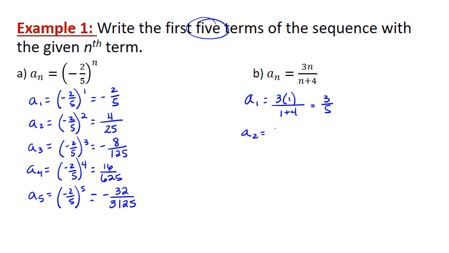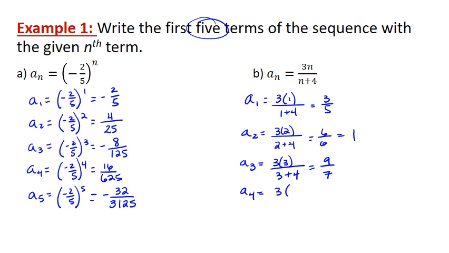The second term is found by taking 3 times 2 and dividing by 2 plus 4. On the top I have 6, in the bottom I also have 6, so this results in 1. The third term is 3 times 3 over 3 plus 4, which is 9/7. The fourth term is 3 times 4 over 4 plus 4, giving me 12 over 8, and this simplifies to 3/2.